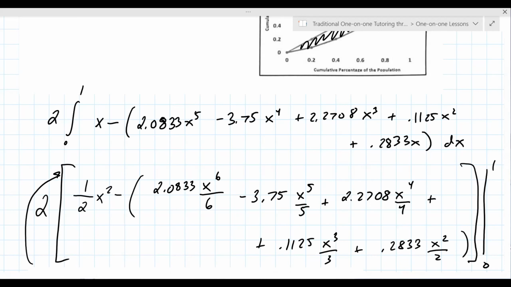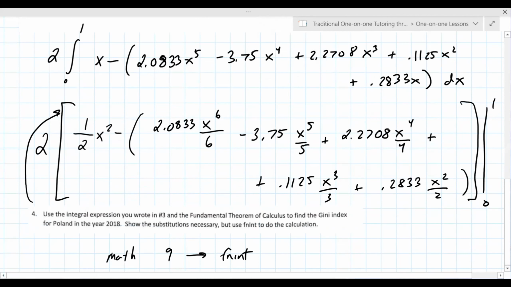6. 2.08. 6. Three, 0.233. I'll think about it.